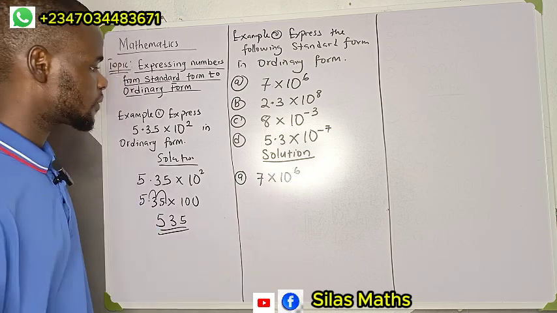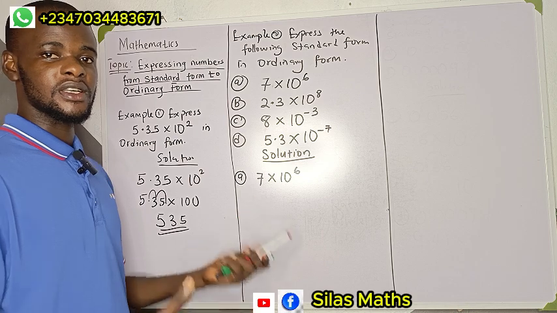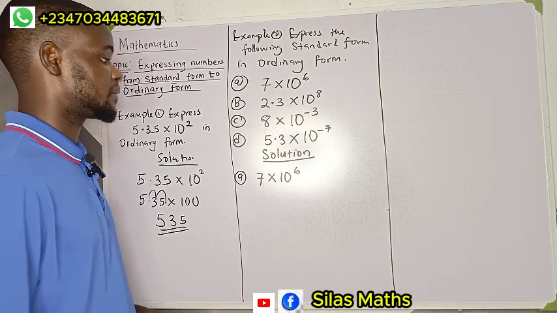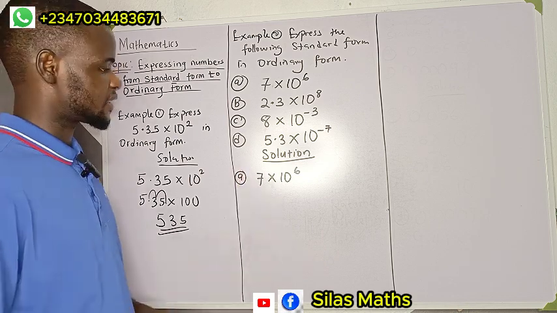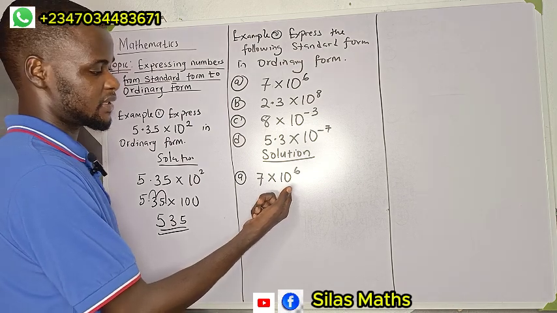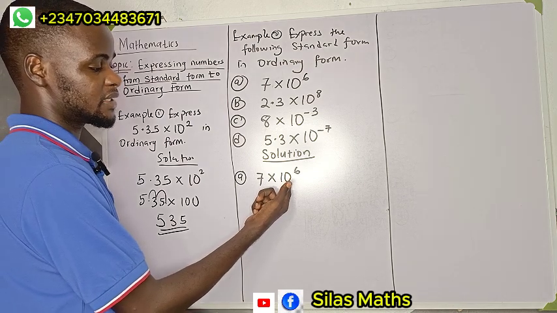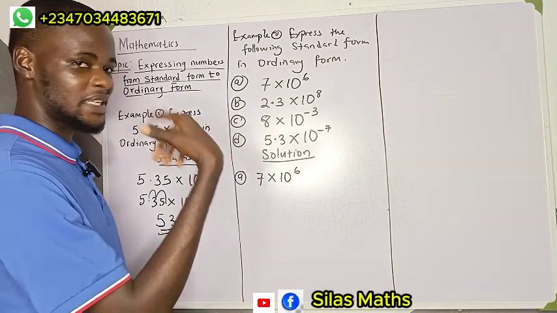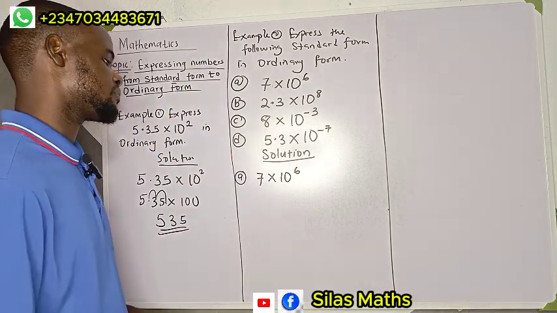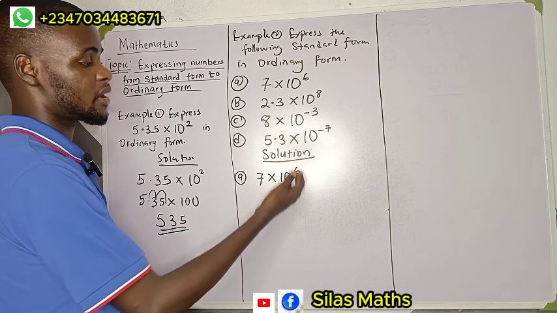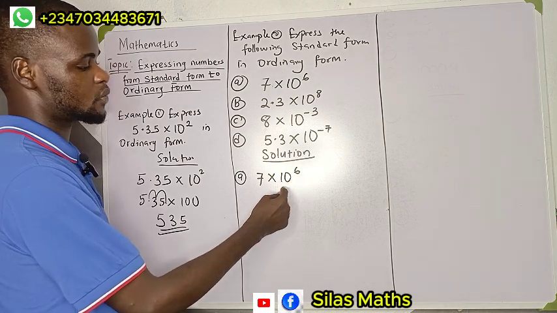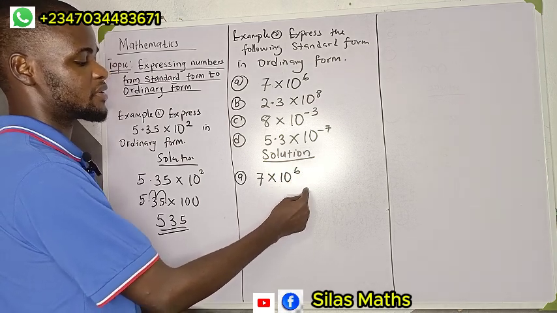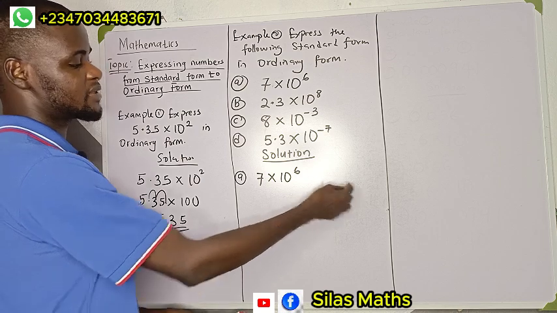That's very simple. This 7 is just a digit. It doesn't have any other number attached to it, so I can say that 10 to the power of 6 is 1 followed by 6 zeros.